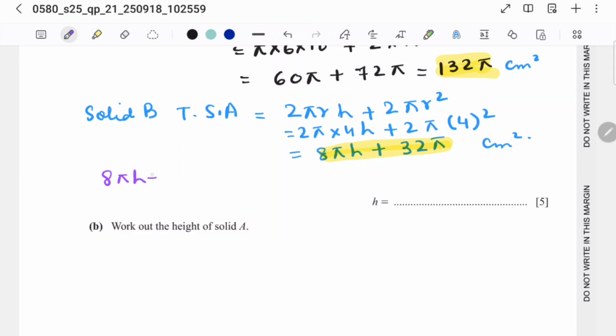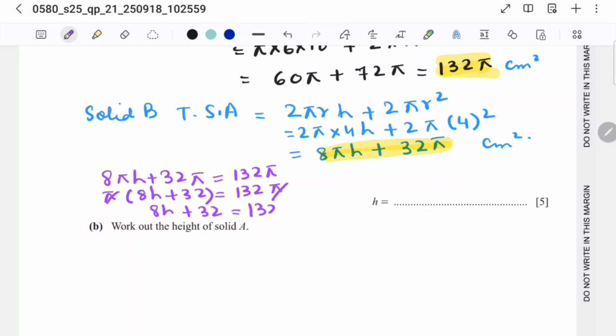8 pi h plus 32 pi, you can take pi common and cancel it, 132 pi. Okay, take pi common: 8h plus 32 is equal to 132. You can cancel or make it in the denominator. 8h plus 32 is equal to 132.